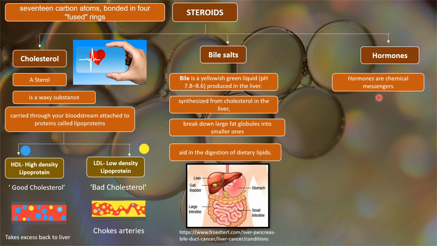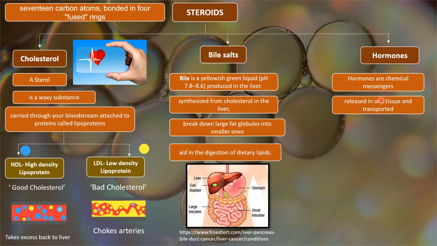Hormones are called chemical messengers, right? So what hormones do is they are released in the bloodstream, and they carry messages to the target cell so that whatever action has to be done can be done.